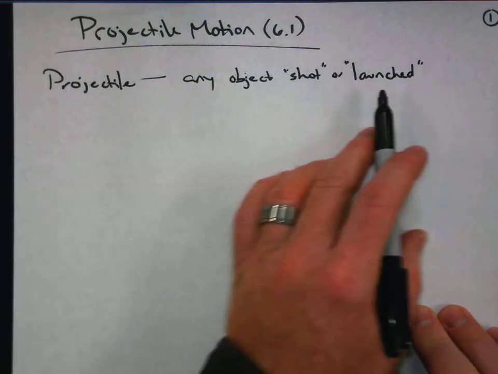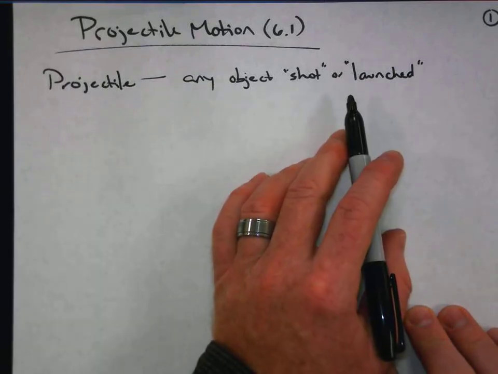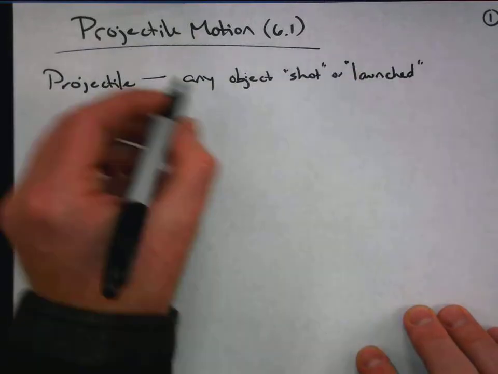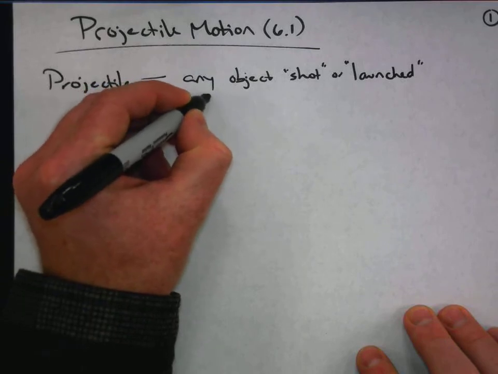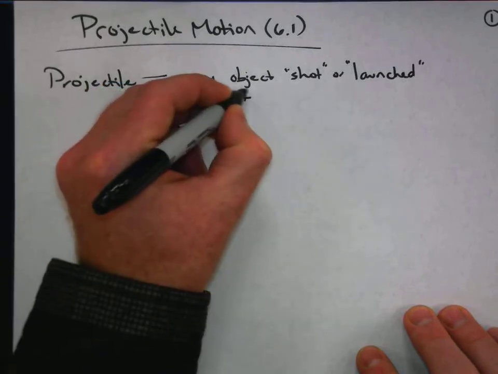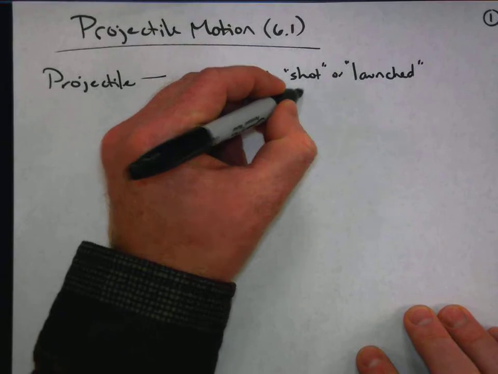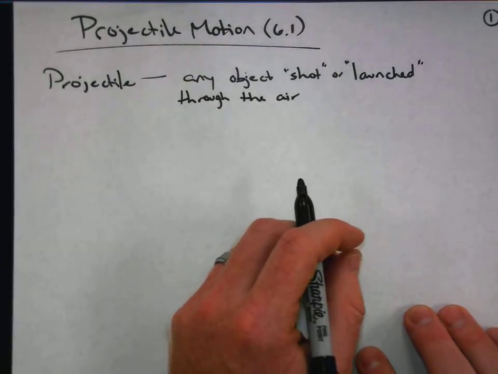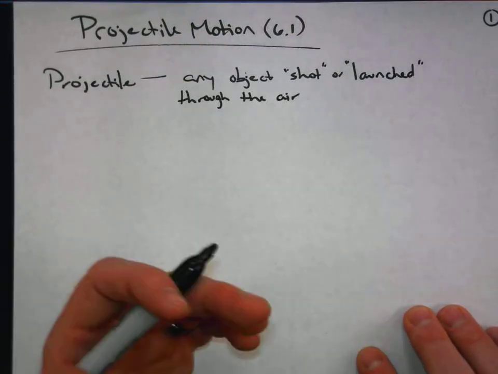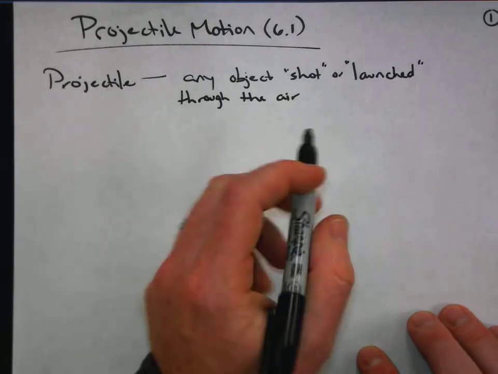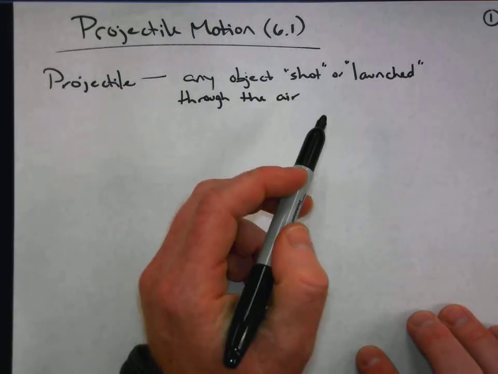But any object that is shot or launched through the air. Now, that's a common way of saying it. It does not have to be through the air. It could be out in space, above Earth's atmosphere. It could still be a projectile.